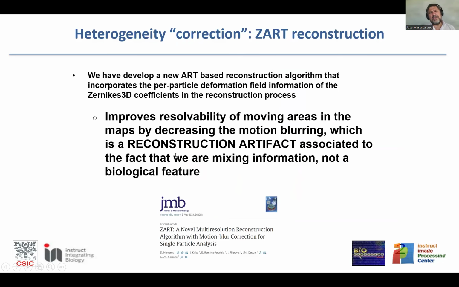And this is something I am very proud of. Coming back to the techniques, since we are able to know how much you have to deform a reference map to account for the image you are seeing, could you now think in a way to make a reconstruction that would be different, that would take into account the conformational variability, and that would produce one map, or several maps along the trajectory, each of them considering different images with different deformations?